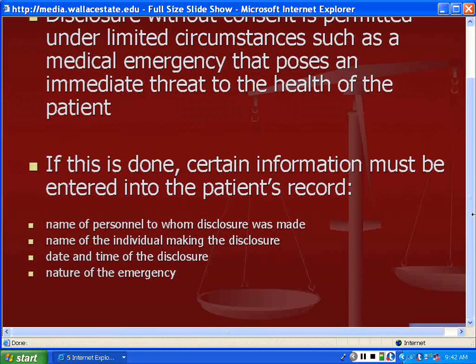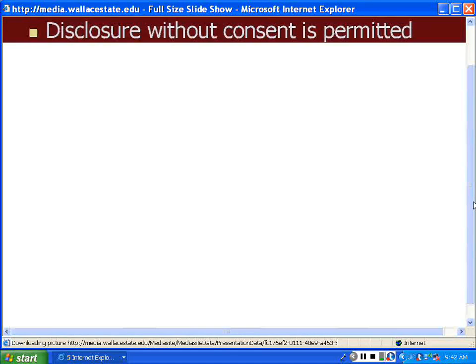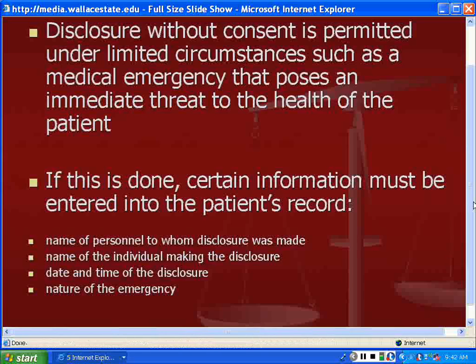If we do this, and we may do this in this circumstance, the federal law says we can, just as we could if it wasn't an alcohol and drug rehab patient, if it was a medical emergency and we couldn't get a signed authorization. If we're going to do this, we're going to call back and verify who's on the other end of the line. We don't just say, oh, well, hold on a minute, yeah, they're from so-and-so hospital.